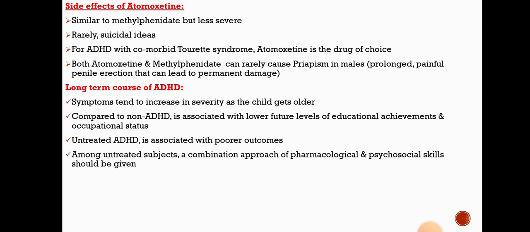The next one is occupational status. They have job difficulties, they are not able to get a proper job. And if ADHD is untreated, the outcome will be very poor. We have to give medication and psychosocial skills training as well.